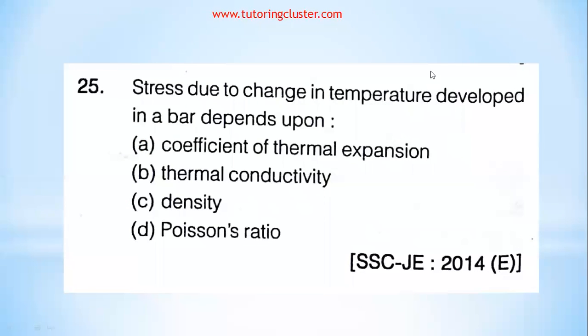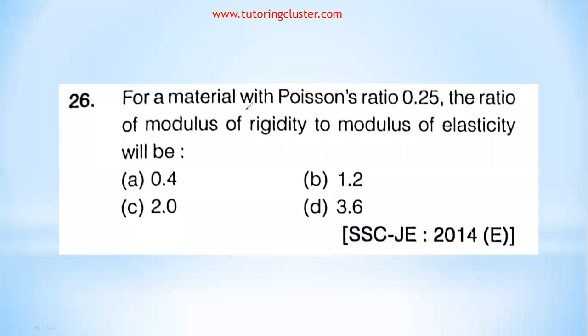Question number 26. For a material with Poisson's ratio 0.25, the ratio of modulus of rigidity, that is G, to that of modulus of elasticity. That means you have to calculate G by E. Okay, in the last video also we have seen a relationship between different material constants.